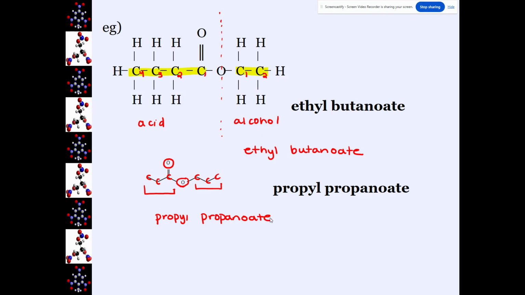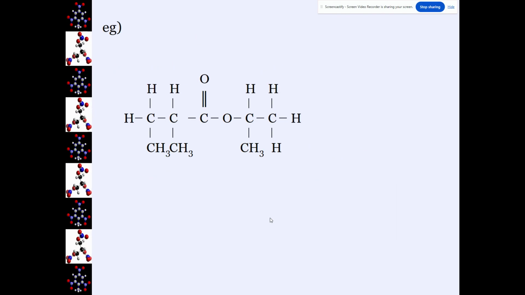Now let's get into some branched ones. So again, start by separating your acid and your alcohol. Find the longest continuous chain on either side, starting at the O. So that would actually be my longest continuous chain on my acid side. This would be my longest continuous chain on my alcohol side.